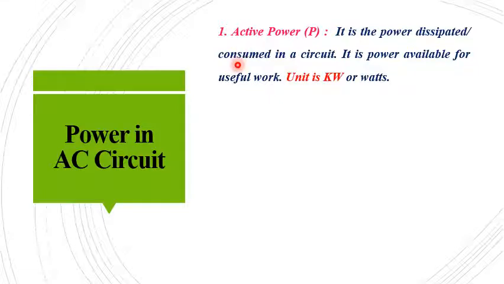Only this power can be converted into other energy forms, for example lighting or mechanical output. The unit of active power is kilowatts or watts. And the equation of active power is given as P equal to Vrms Irms cos phi.